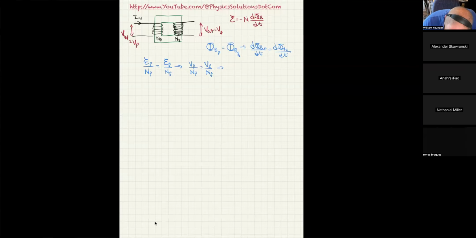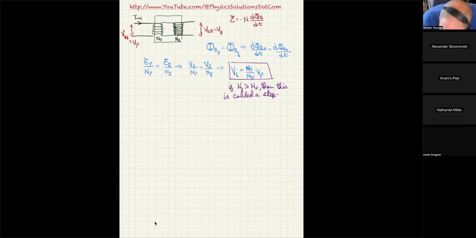More specifically, this is what we call the transformer equation. V secondary is equal to N secondary over N primary times V primary. This is the transformer equation, and if N secondary is greater than N primary, then this is called a step up transformer.